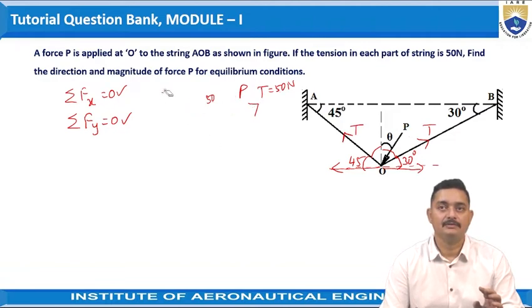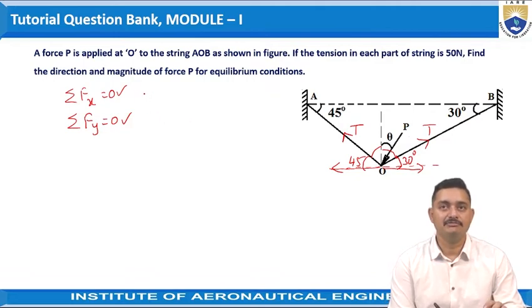Now we can say all the horizontal component forces are equal to 0, which implies minus 50 cos 45. That means we are taking the horizontal component of the tension, T cos 45, and the vertical component is T sin 45.